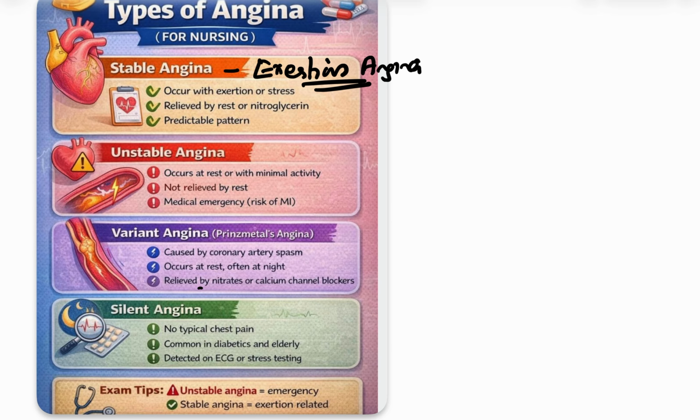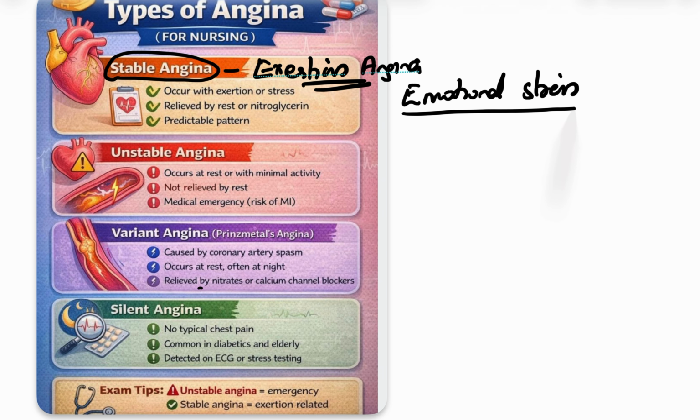That means if a patient is going through a strenuous activity or physical stress, or too much physical activity, that can cause the stable angina for the patient. It's not just the physical activity, even emotional stress of the patient can cause the stable angina. And then this stable angina is relieved by rest or nitroglycerin.